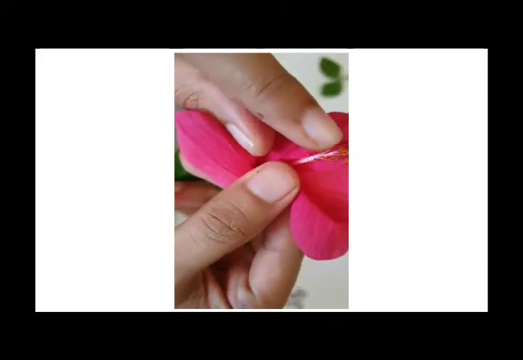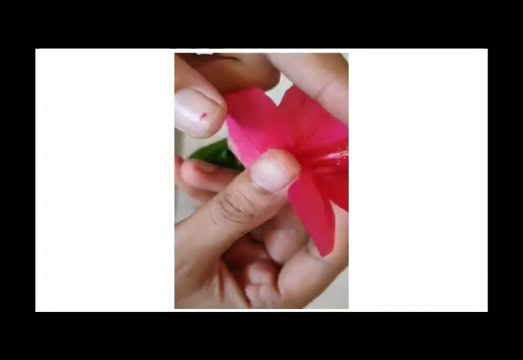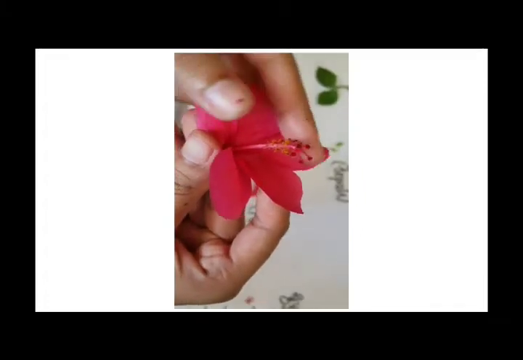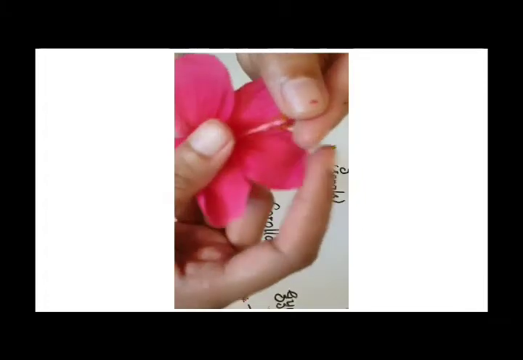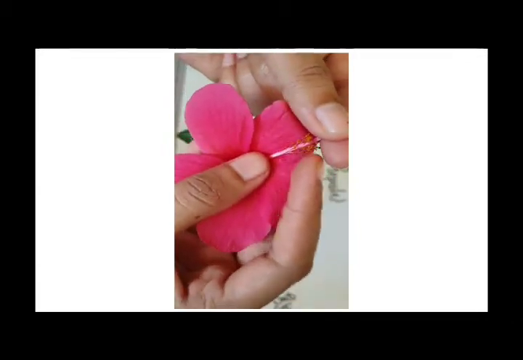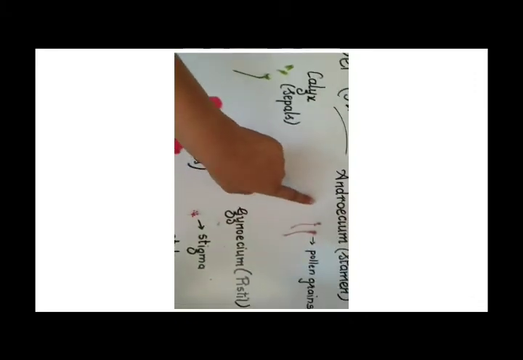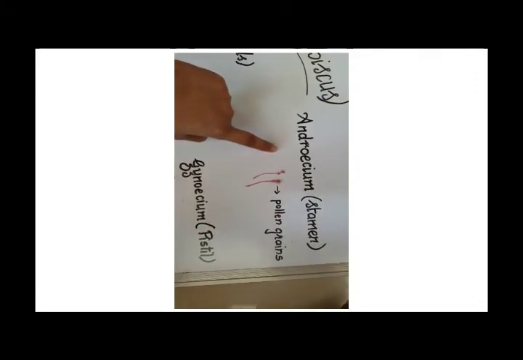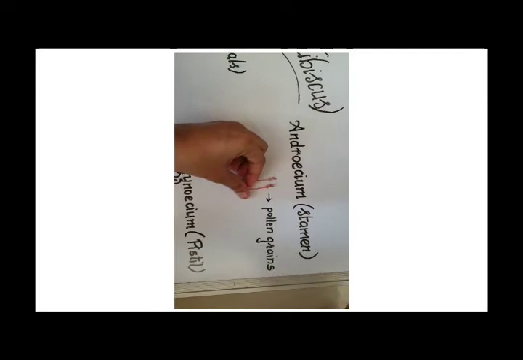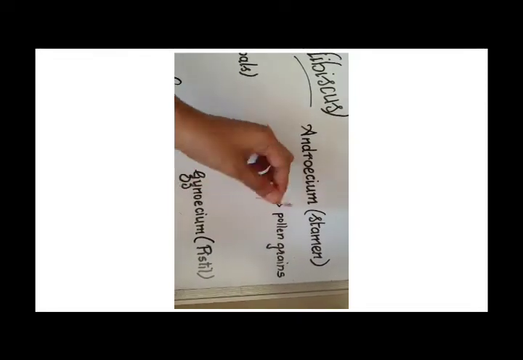Now here you can see some bag-like structures, yellowish, orangish color, present along with a filament. Tiny filament is there. Above it there is a bag-like structure, that is actually the androecium or the stamen, containing the anther lobe.